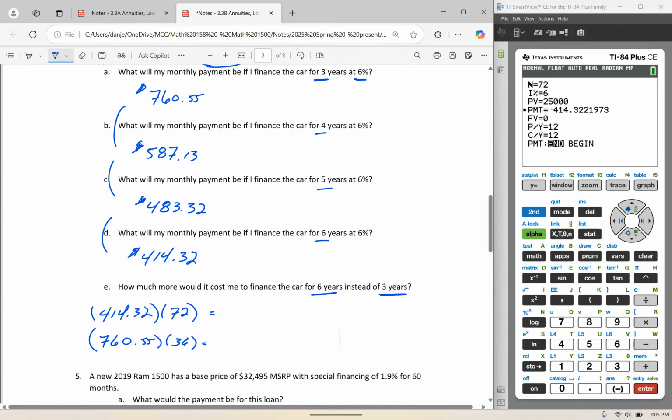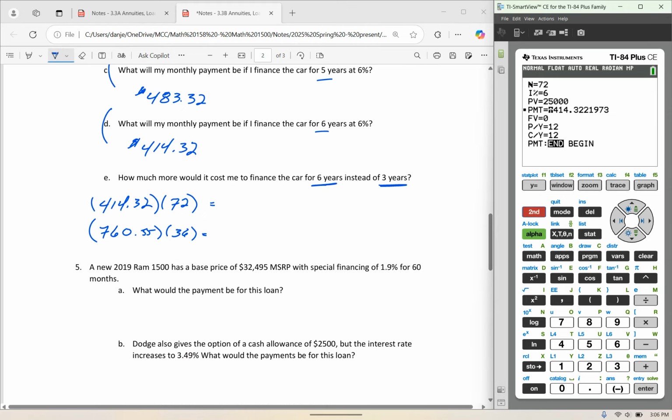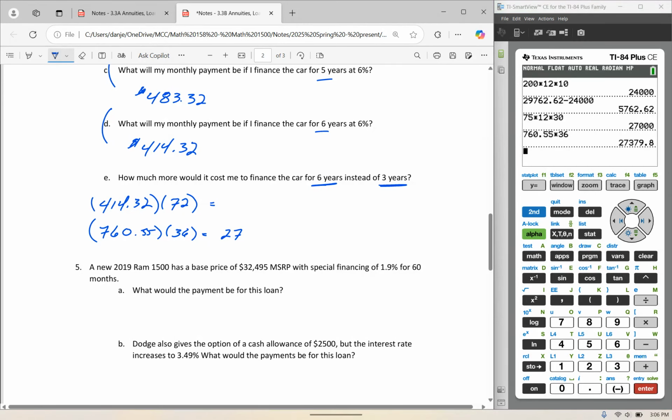There's no shortcut here. The best way to do this, go back to the home screen. Okay, so let's do the bottom number first. $760.55 for 3 years or 36 months would be $27,379.80 is what you will wind up paying for that car.